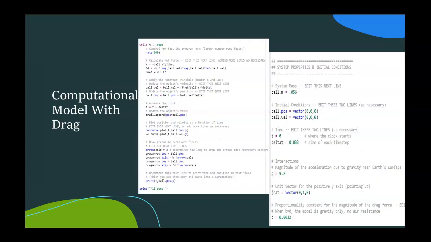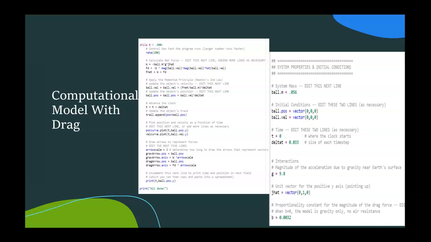In the computational model with drag, we keep everything the same. However, we will have a b value that is not equal to 0 since we're considering drag. This b value was calculated by eyeballing it and approximating the b value to get it equivalent or close enough to the final position observed in our experiment.